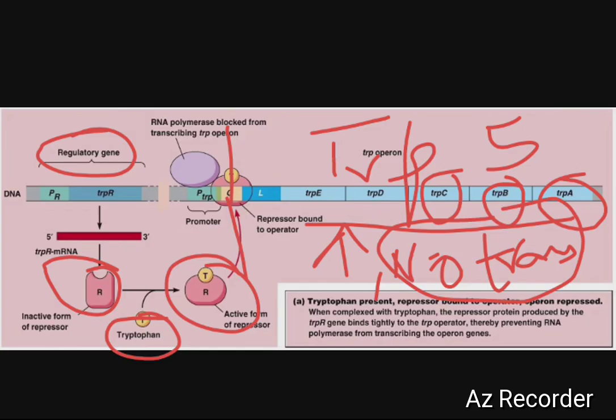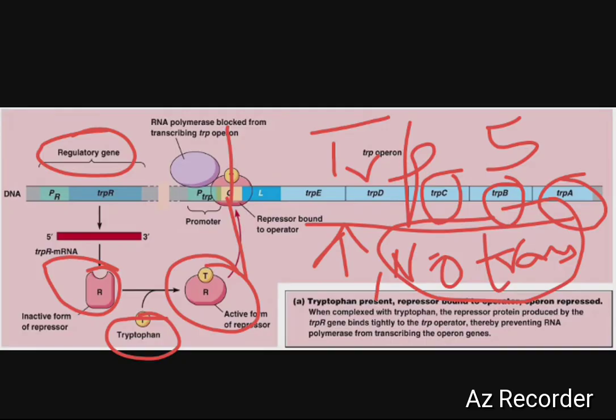Vice versa, the opposite happens. If there is low tryptophan, then these structural genes get transcribed. Other things which you need to know: this TRP operon is found in E. coli bacteria.